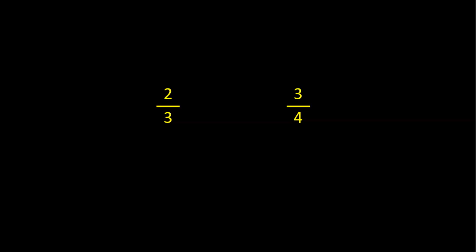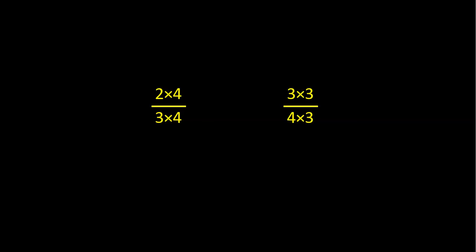An interesting consequence of this is that if you want the regular average, we can calculate that as a mediant as well. All we need is to make these fractions have a common denominator. So we can take 2/3 and multiply the top and bottom by 4. We can take 3/4, multiply the top and bottom by 3.